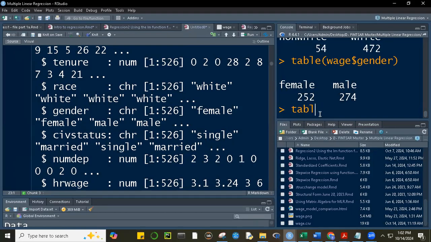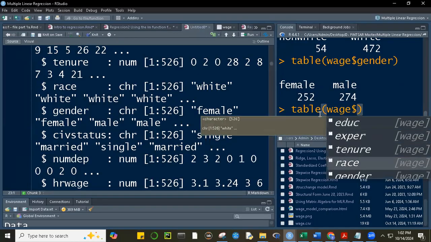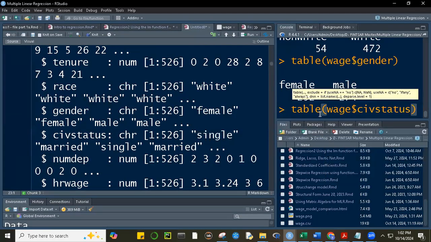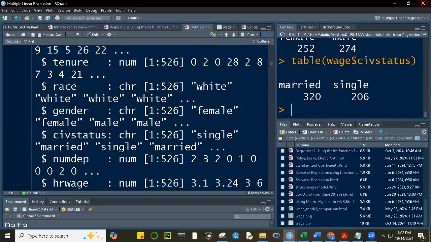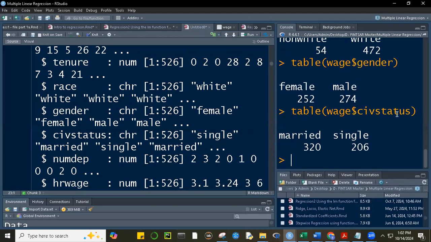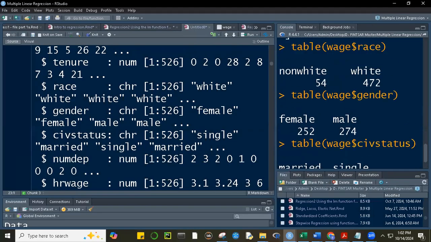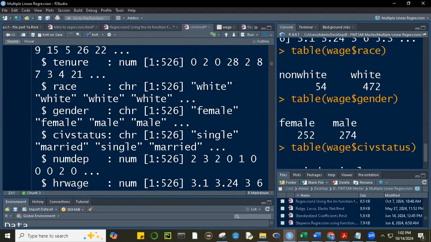And then lastly, table, wage, dollar civil status. 320 married, 206 single. So those are our three variables that are categorical, or character variables.